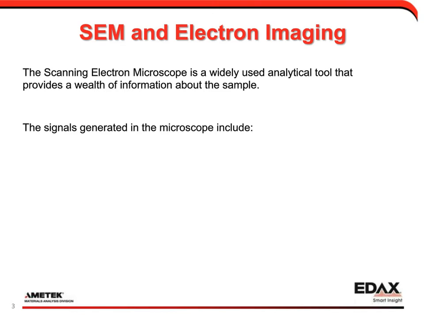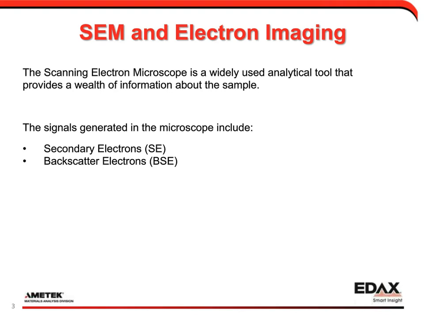But it's not just an imaging tool. The signals we see in the microscope are primarily secondary electrons. That's the basic imaging tool in most microscopes. If not secondary electrons, you will typically have backscatter electrons as your basic imaging.